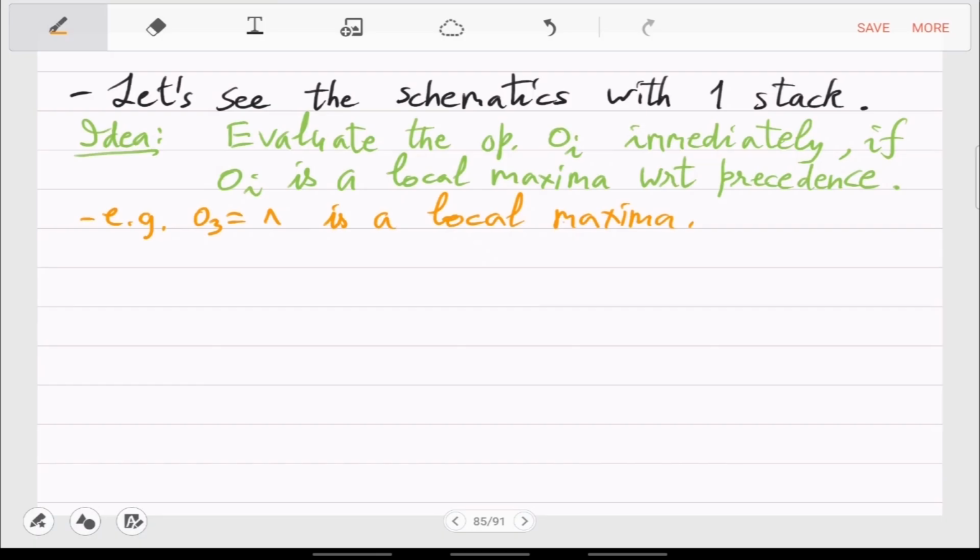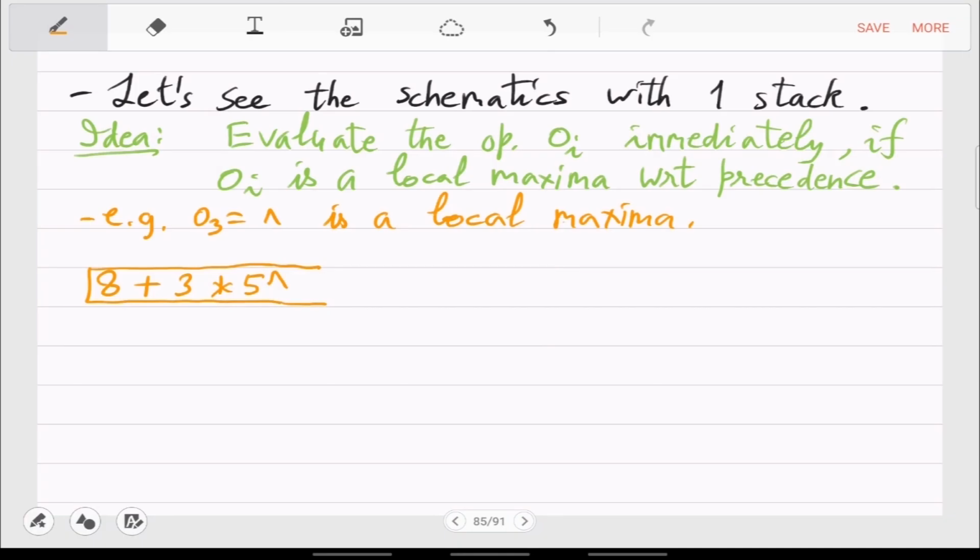If you did this stack pushing incrementally, then you would have pushed 8 and then plus, then 3, then star, and you will reach 5 wedge, and at that point you will realize that the wedge is going to be a local maxima.